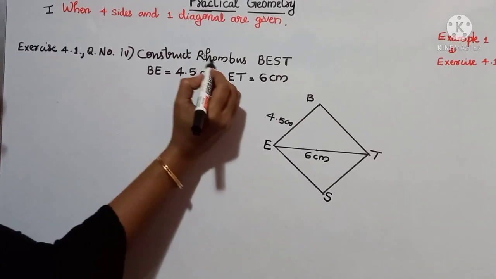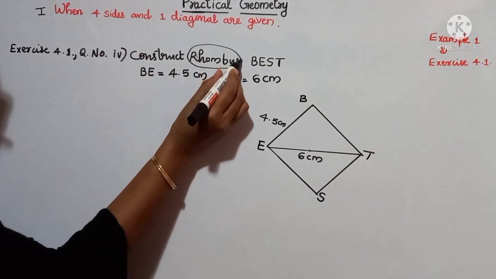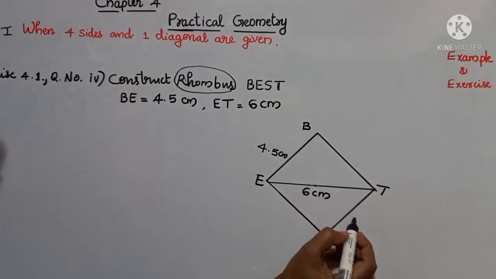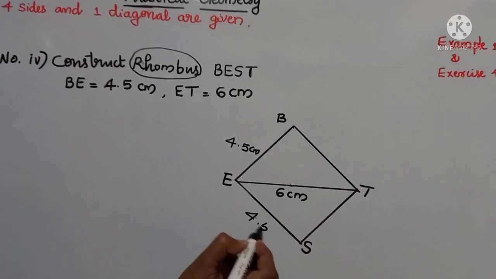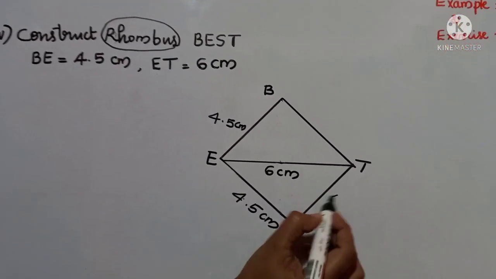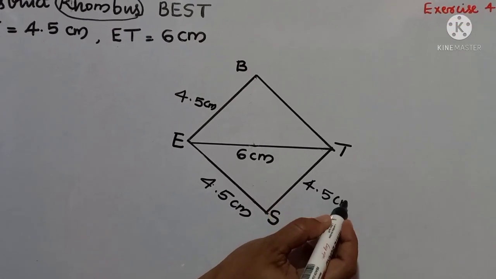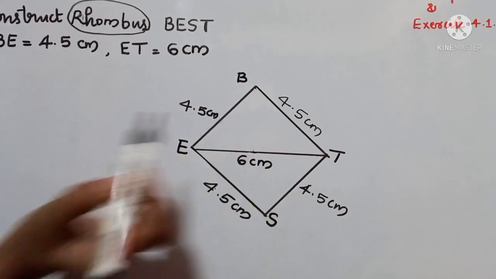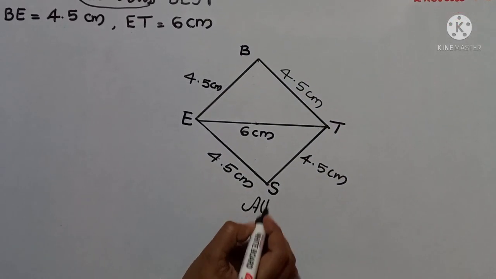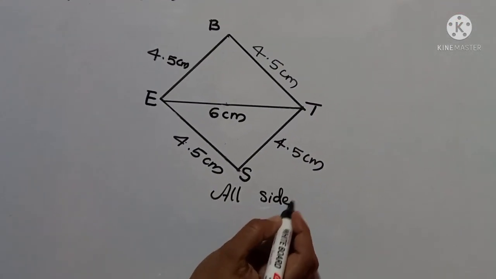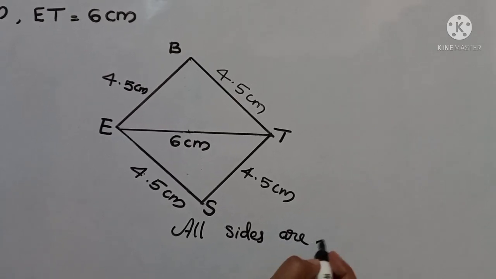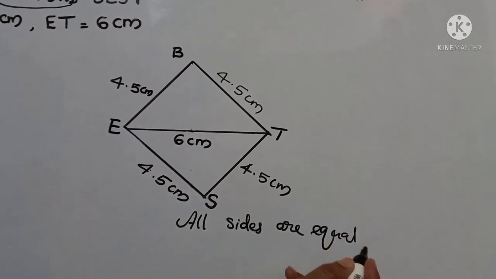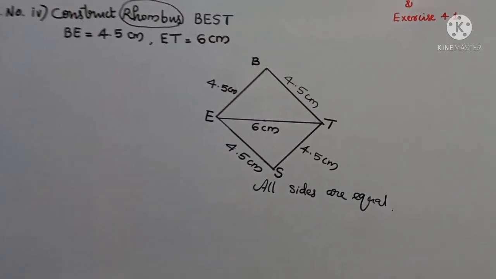This is a rhombus. So we know the properties of a rhombus, all sides are equal. Here all sides are 4.5 centimeter itself. Here also 4.5 centimeter. We can write those measurements here. All sides are equal. Then we can construct this rhombus very easily.